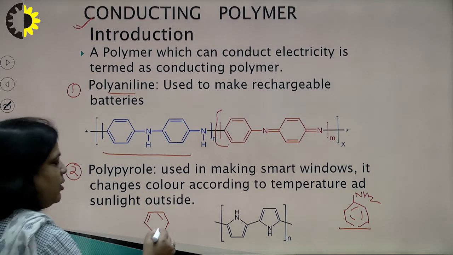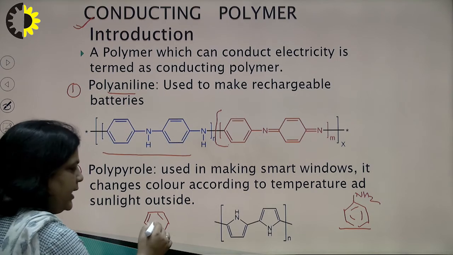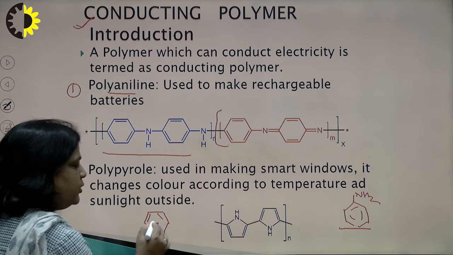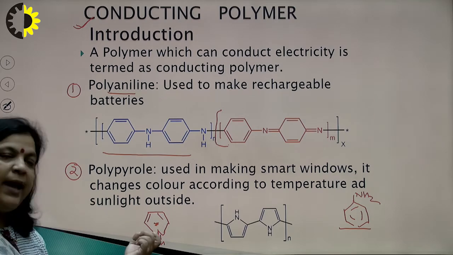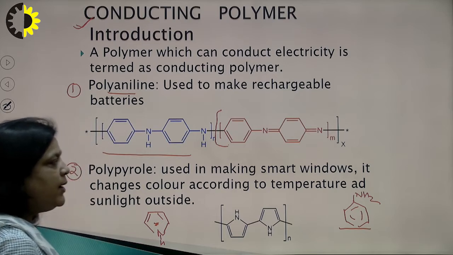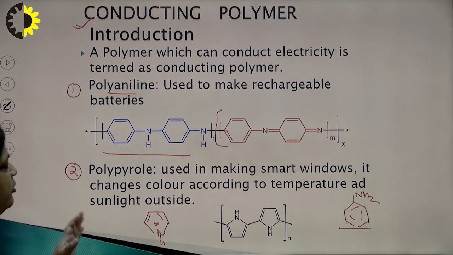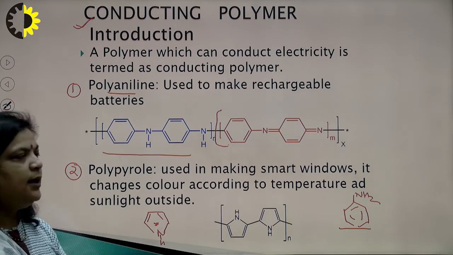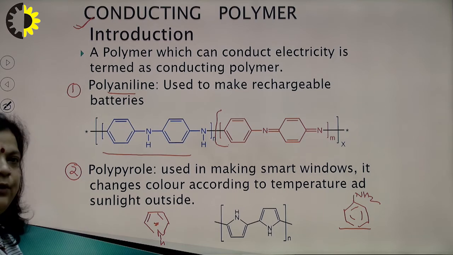In polypyrrole, if you write the lone pair, then no need to write H, and if you write H, then no need to draw the lone pair. When we polymerize pyrrole, we get polypyrrole, which is used to make smart windows, and a smart window means it changes color according to temperature and sunlight outside.